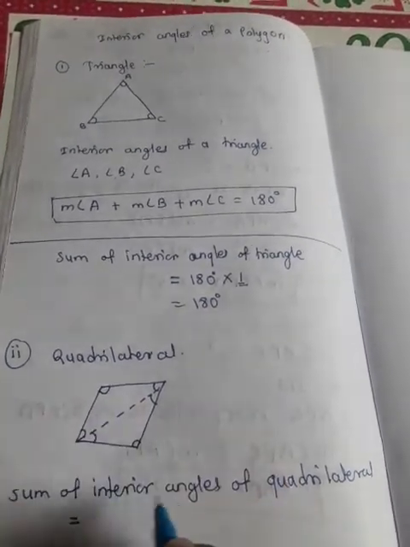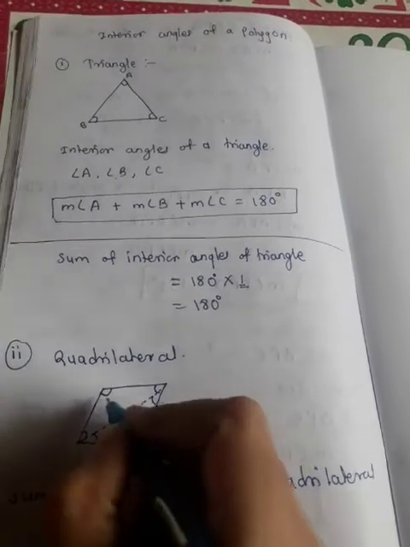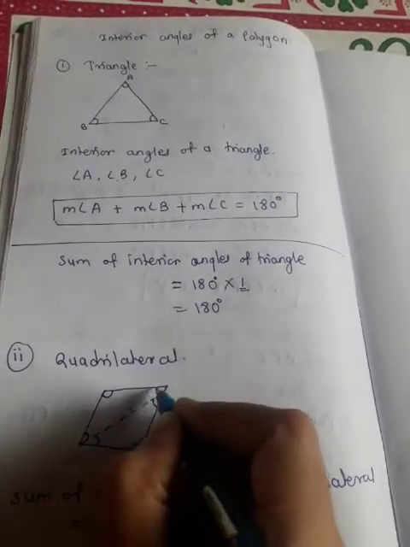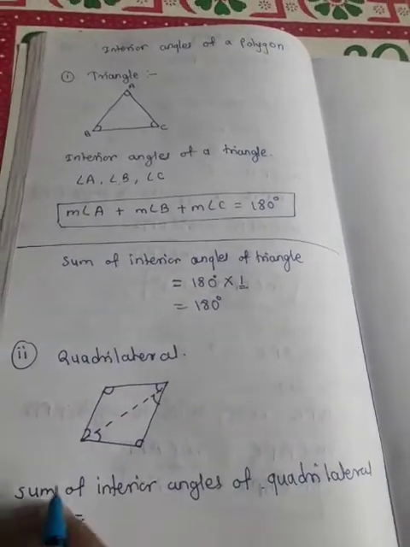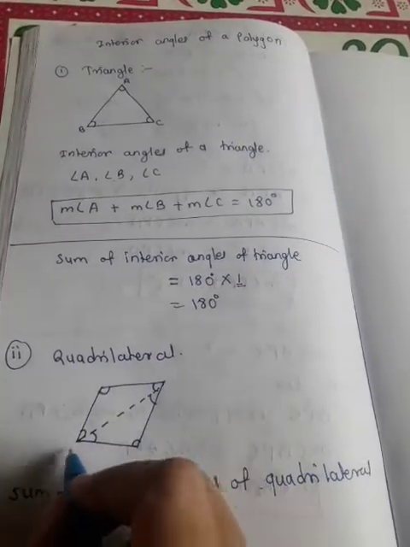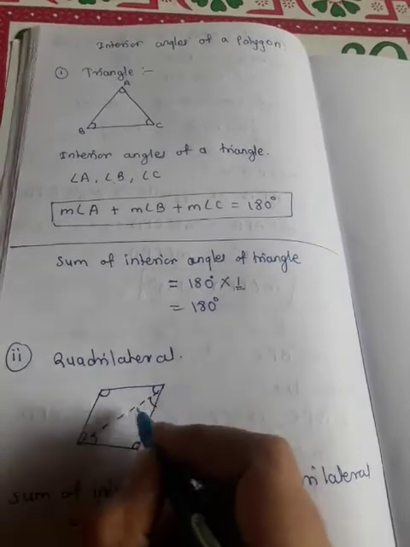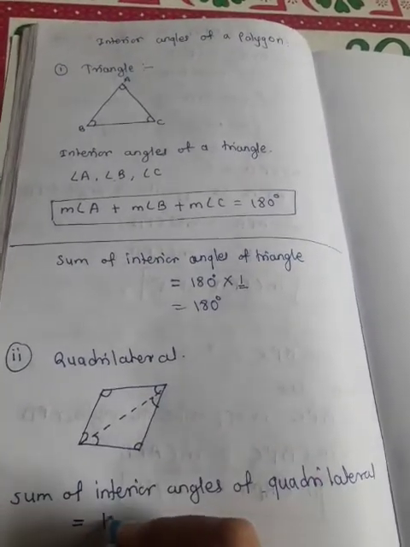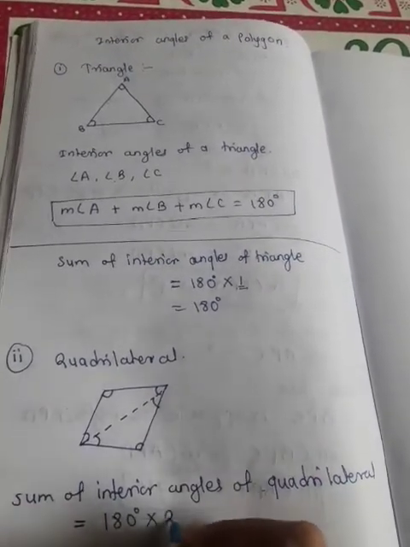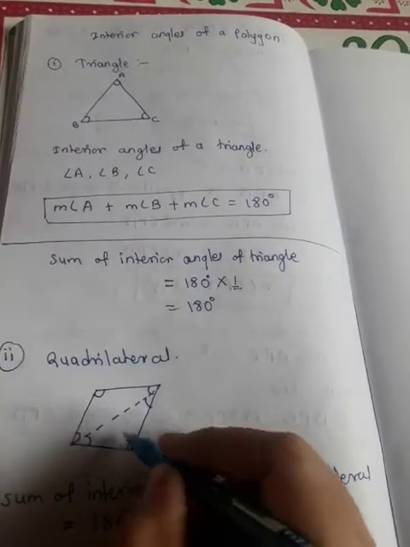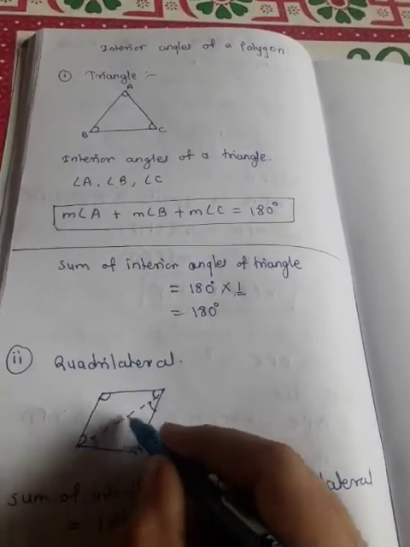The sum of interior angles of a quadrilateral is equal to this 180 plus this 180, which means 2 times 180. There are two triangles, and the sum of the interior angles of a triangle is 180.